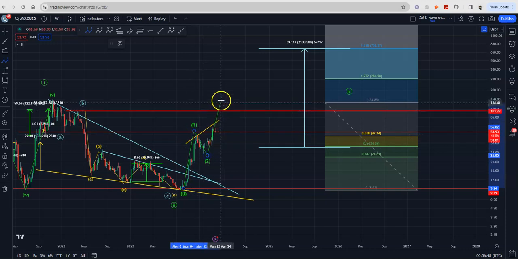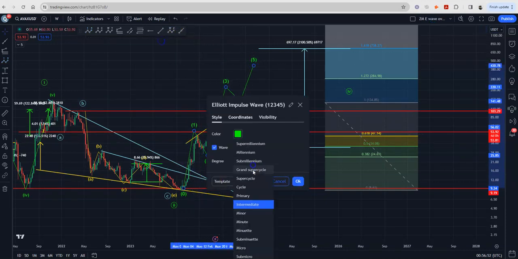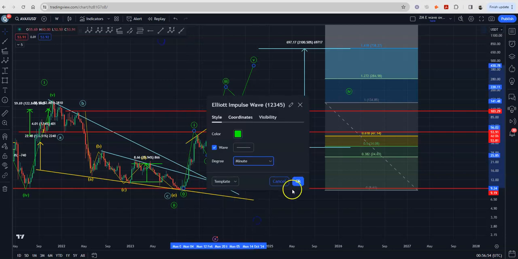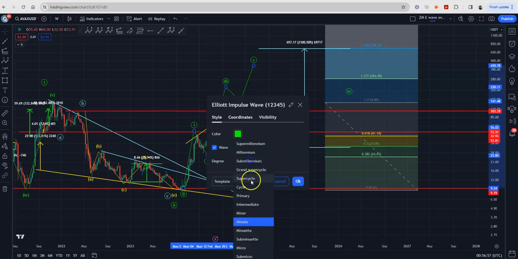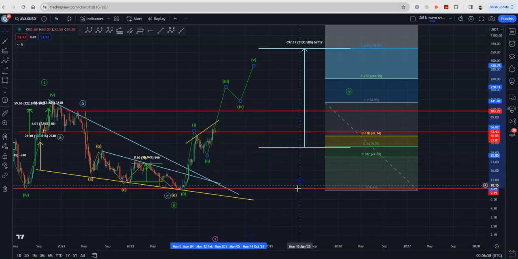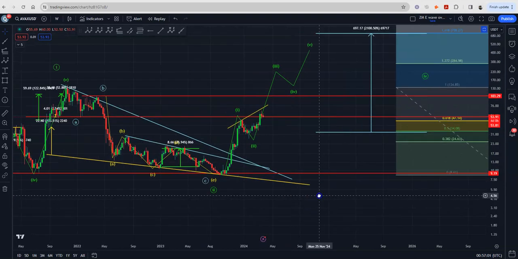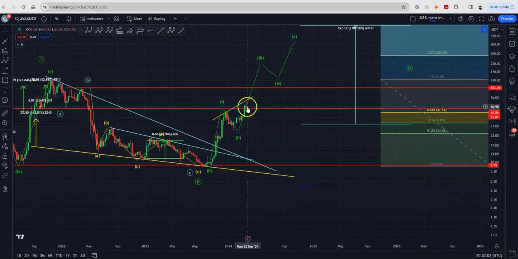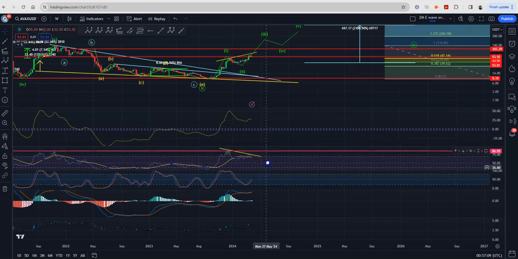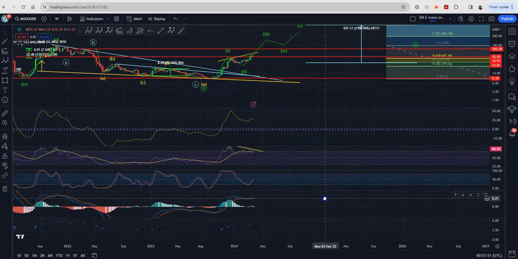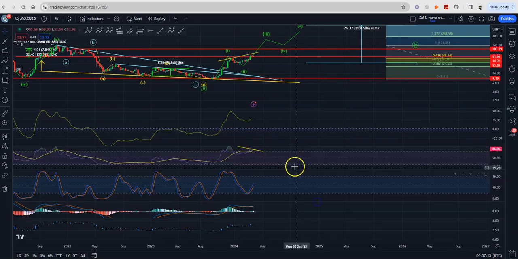Now, Avalanche is putting in what I like to call bearish divergence. If you notice here, we have the trend structure diverging up while our RSI is diverging down.